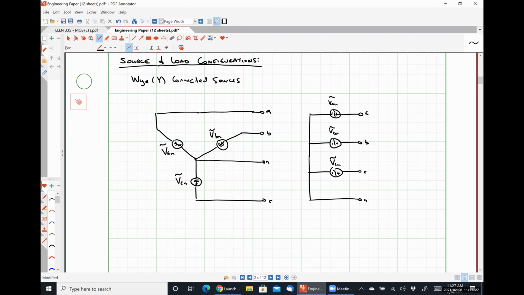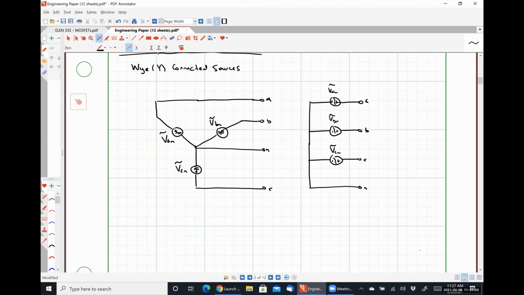So they represent the exact same thing: 3 voltage sources all sharing a common point of interconnection, the neutral terminal. To me, I just prefer this method. It's easier for me to see what's going on without the weird Y shapes, and we'll soon see a weird delta shape as well.